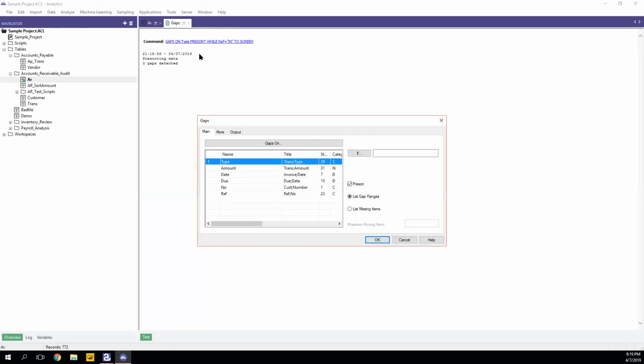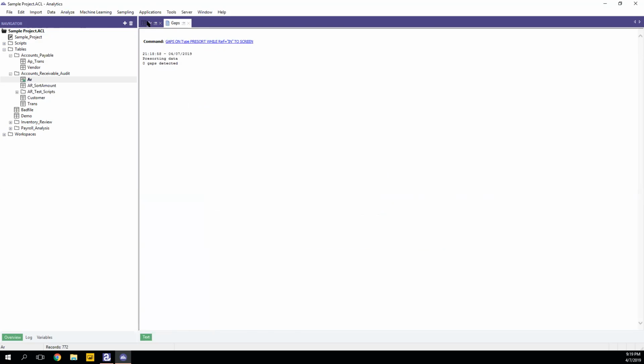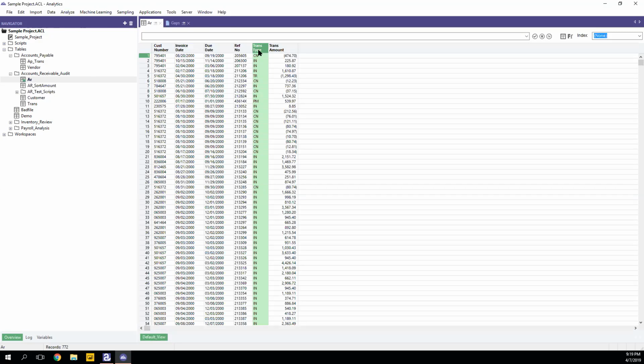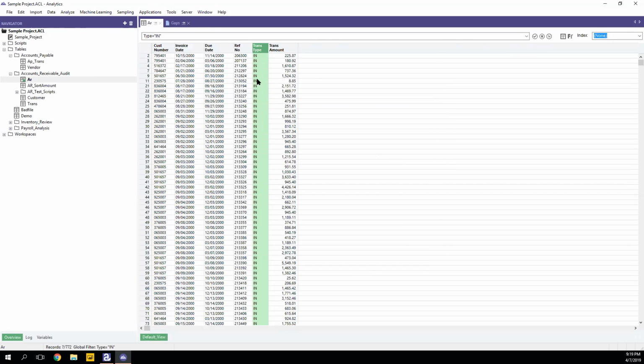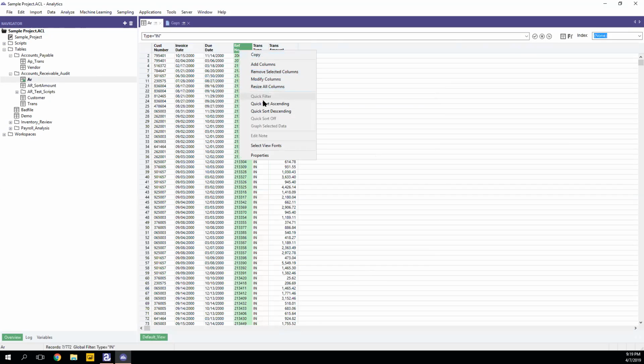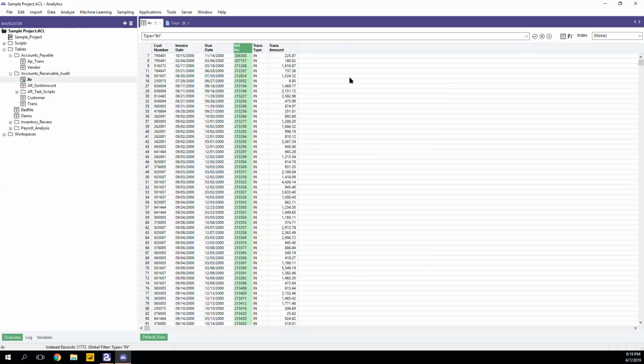Okay, let's see if I agree with that. First thing I'm going to do is run a filter over the top of that and type equals IN. I'm just seeing invoice types now. I'm going to sort it by that.